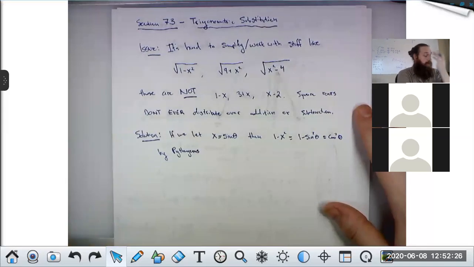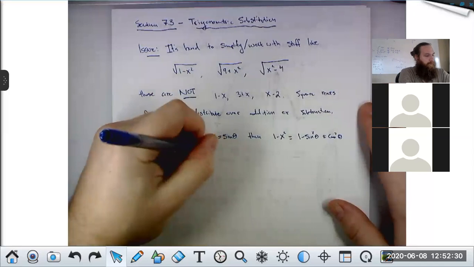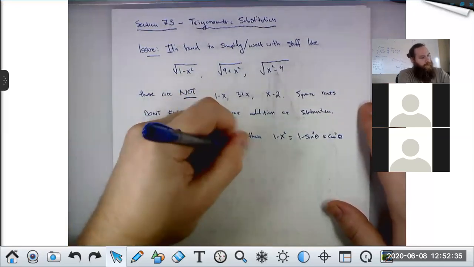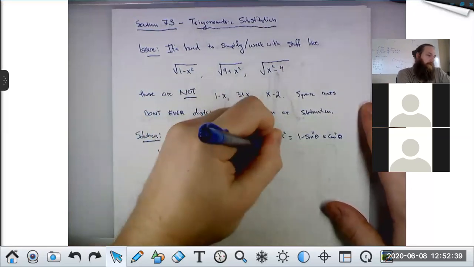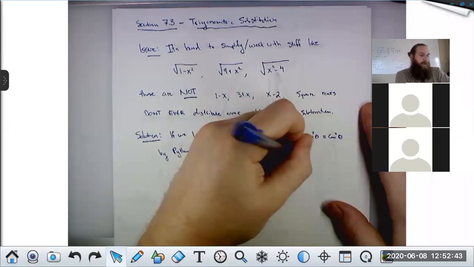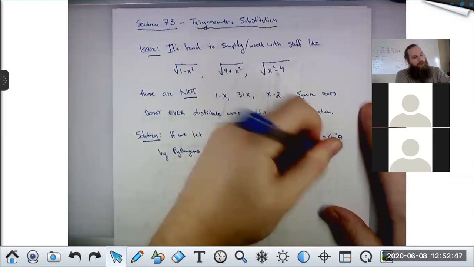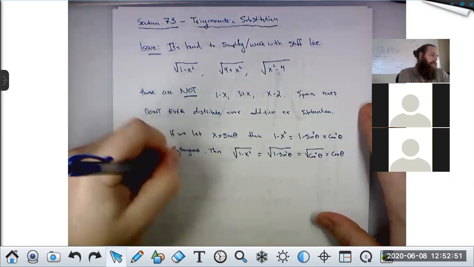Right? Sine squared plus cos squared is 1, so 1 minus sine squared is cos squared. Thus, the square root of 1 minus x squared would become the square root of 1 minus sine squared theta, which would become the square root of cos squared theta, which is just cos theta as long as cos theta is positive.